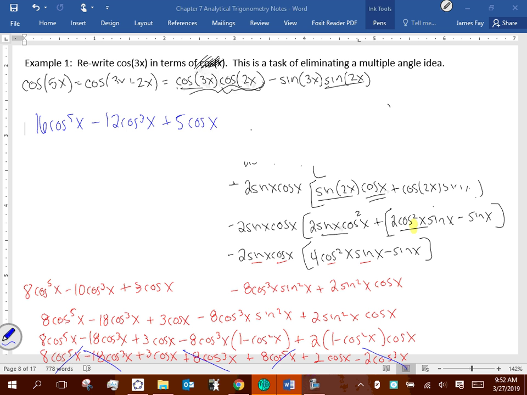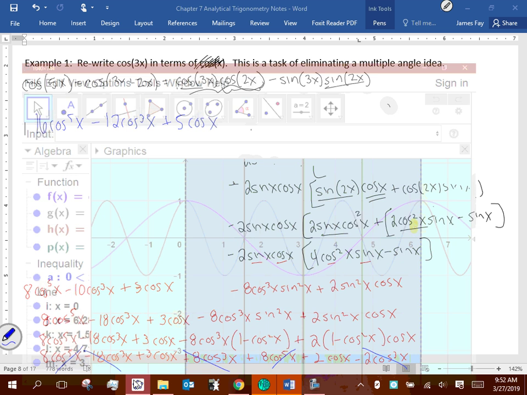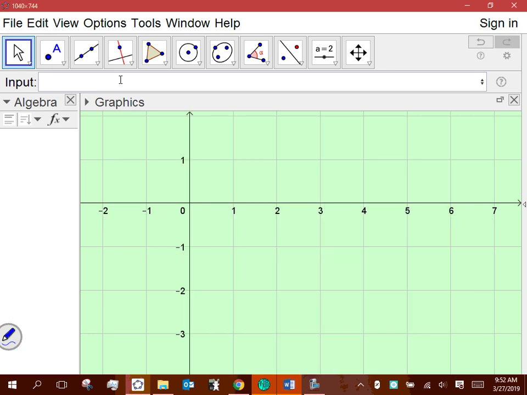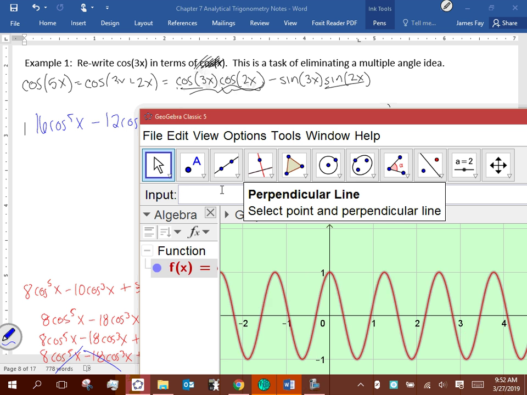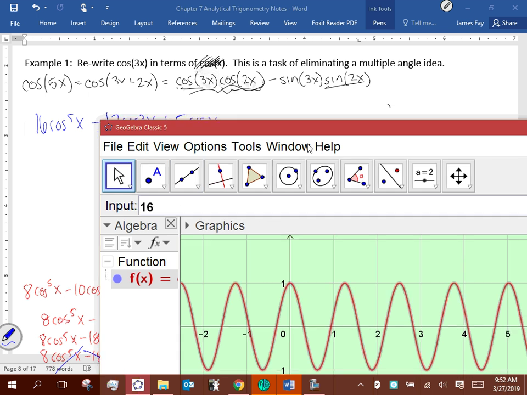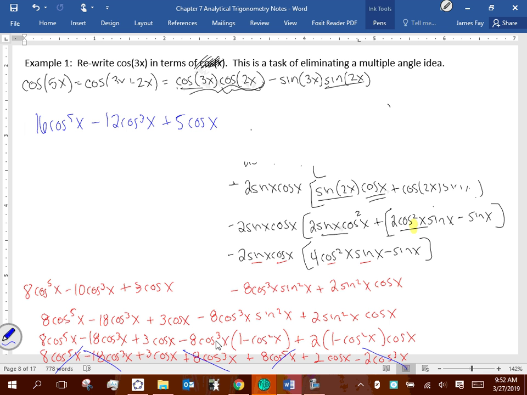And now let's just see if this is accurate. Let's see if we've made any mistakes. Hopefully not. Cosine 5x is that thing there. 16. Huh? Did I mess up? Because that's negative 8 cosine x times third x.